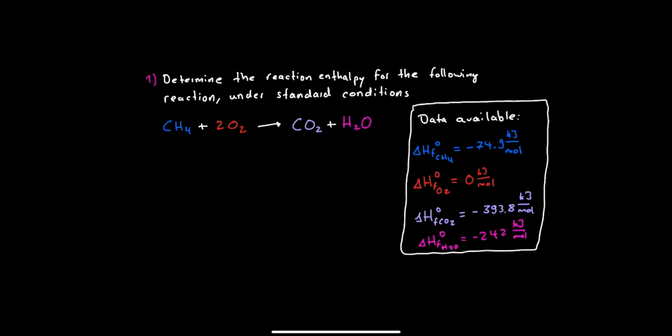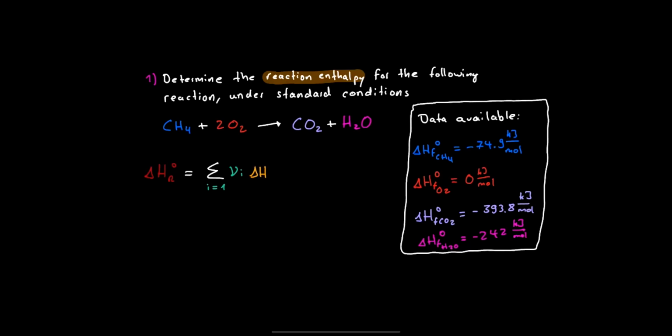Before we start solving this exercise, let me quickly explain how to calculate the reaction enthalpy. The reaction enthalpy, denoted as delta HR, is equal to the sum over all species i of the stoichiometric coefficient of species i times the standard enthalpy of formation, delta HF, of the corresponding species i.